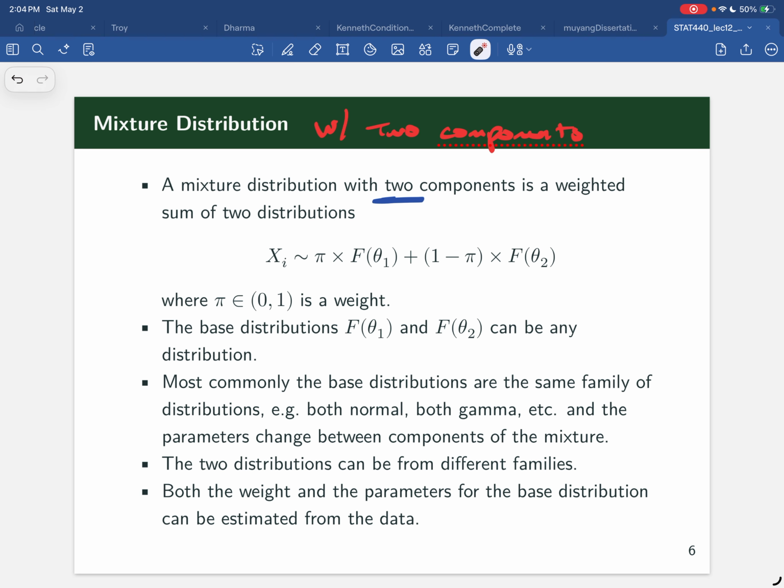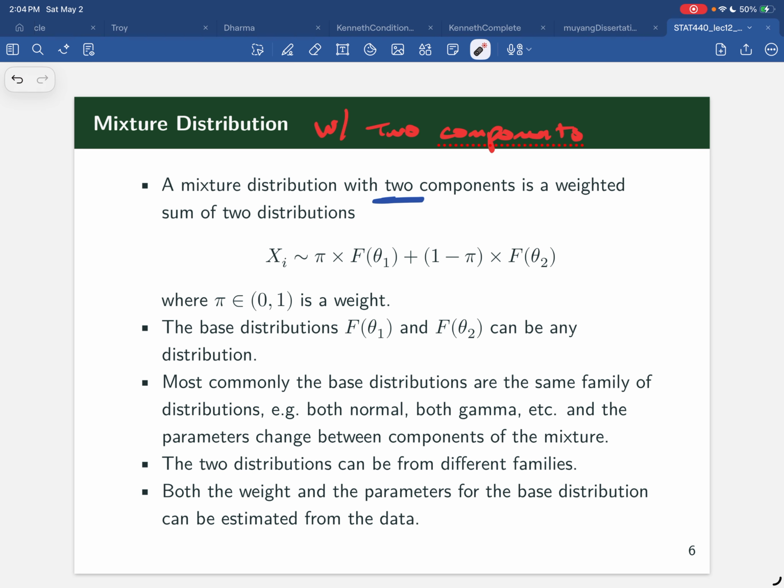What we would do is flip a coin. That coin has a probability pi of being heads, and that pi, of course, doesn't have to be 50-50. If it's heads, then X is going to come from the first distribution, and if that coin is tails, it's going to come from the second distribution. So generating data from a mixture distribution is a two-step process.